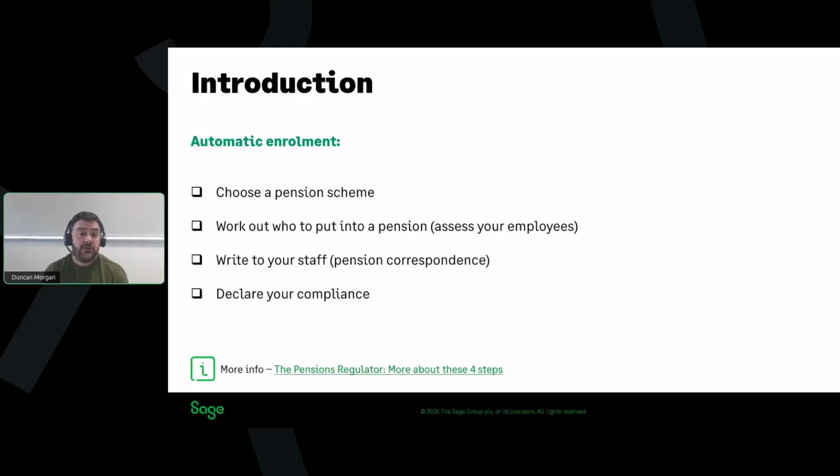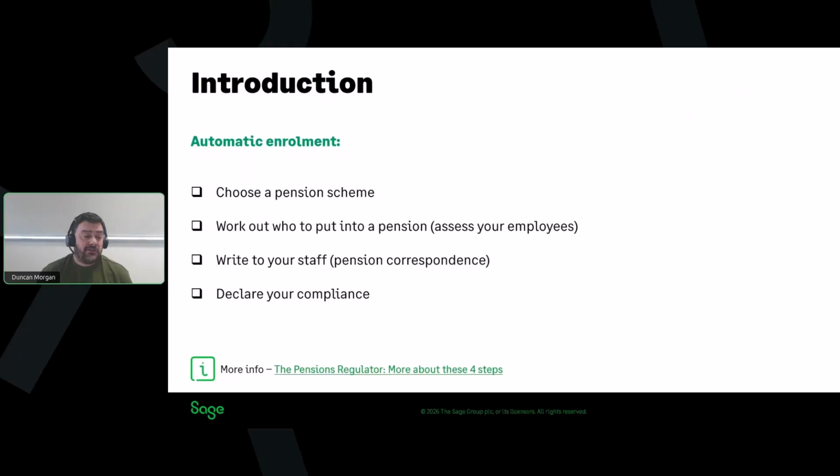As part of this, you'll need to choose and set up a qualifying pension scheme. You will need to work out which of your employees are eligible to be put into that pension, known as assessing those employees. You have a duty to write to your staff so that they're aware of how auto-enrollment affects them, and you need to declare your compliance with the pensions regulator within 5 months of that initial duties start date.